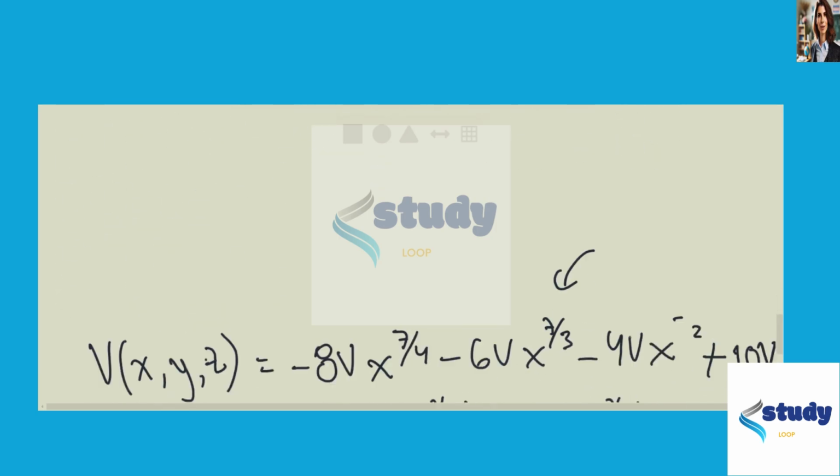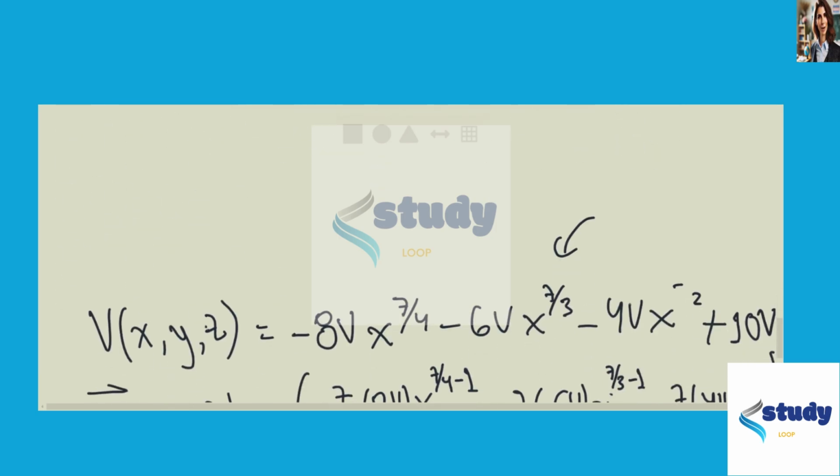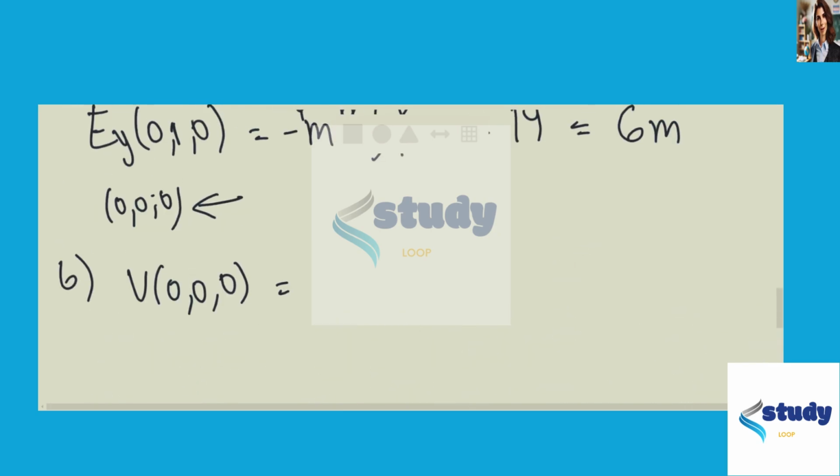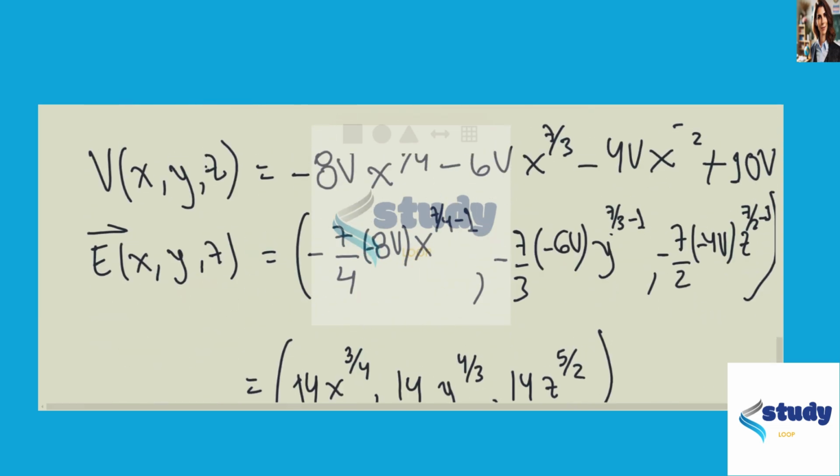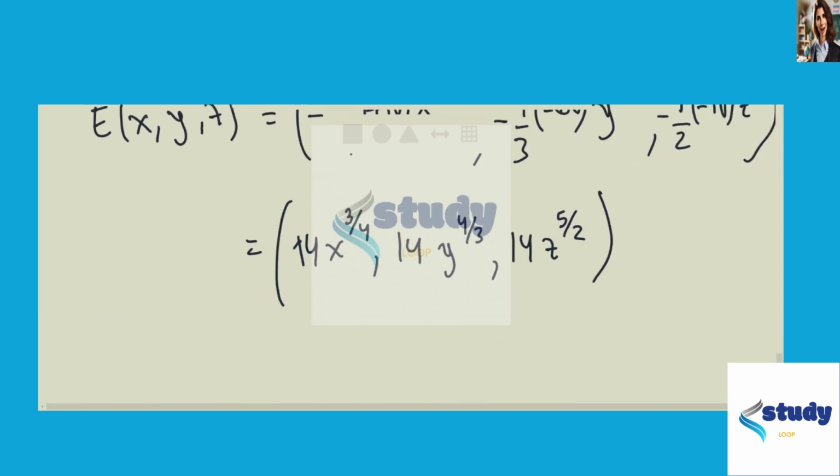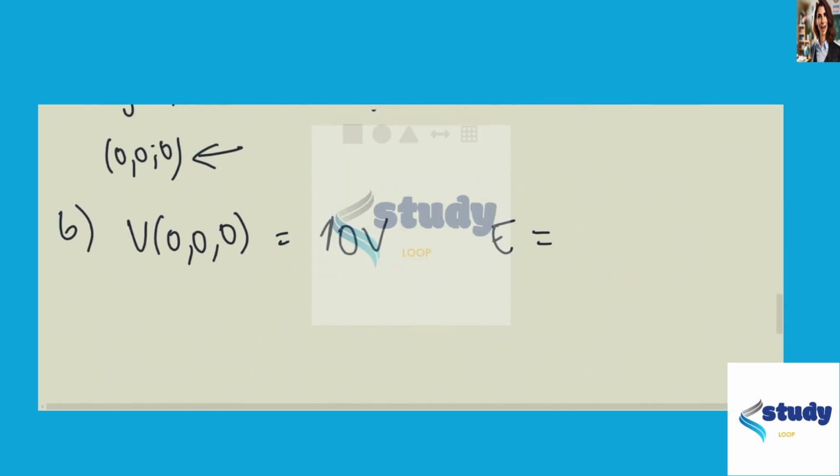So if we put 0 in all of these, they are 0 and we obtain 10 volts. For the electric field, if we put 0, 0, 0, we can see that that will be 0. This is a vector, 0, 0, 0, and if we take the magnitude of that vector at that point, it is just 0.